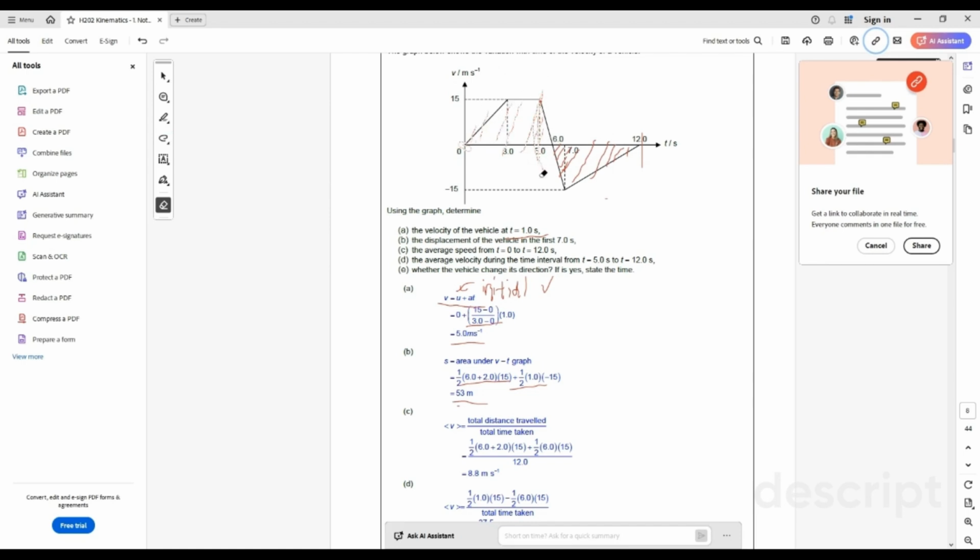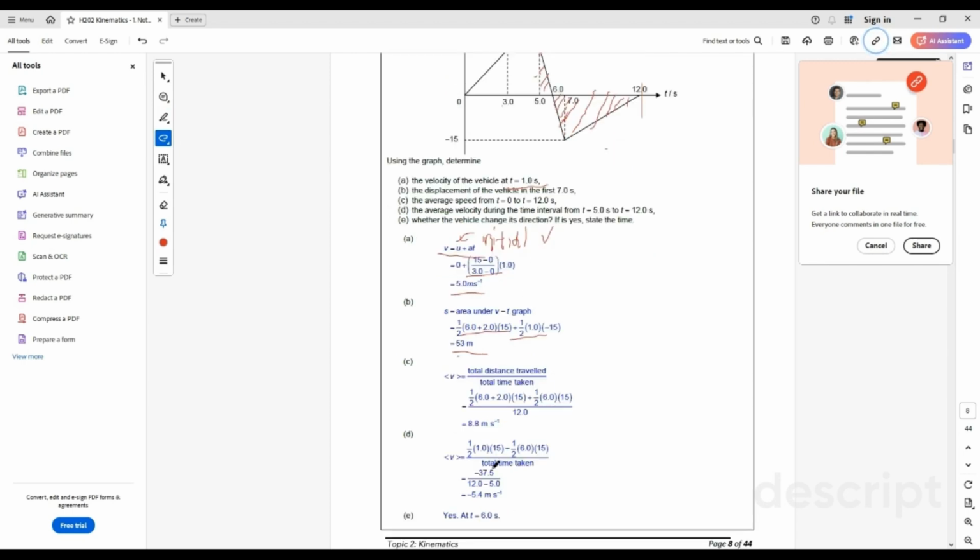So we just find this area and subtract this triangle in order to get the total displacement, and divide it by the total time taken, which is 7 seconds, in order to get our average velocity.